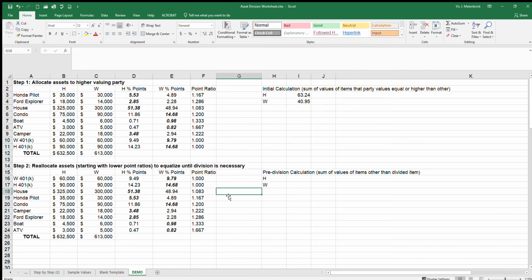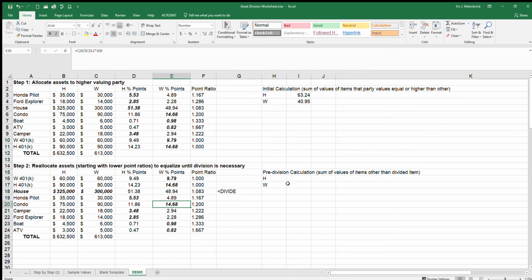I'm just going to make this little notation here. We're going to divide that item. I'm going to unbold and italicize that because it's back up for grabs, but I am going to bold and italicize the rest of it so we know which item is getting divided. The house is the item that gets divided. Everything else is going to stay with the person who values them more.